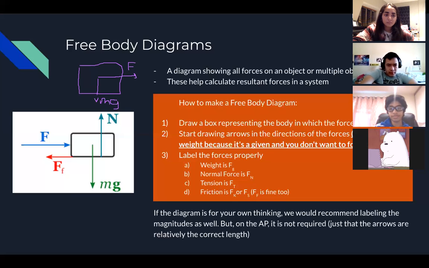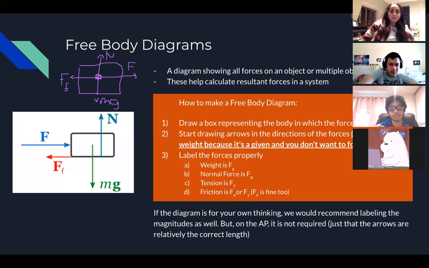And you've got your normal force. Of course, these aren't really that accurate. And then you've got friction. Notice how they're all coming out of this center point.